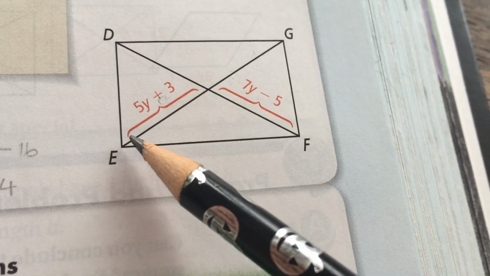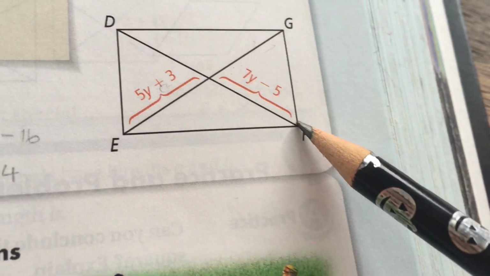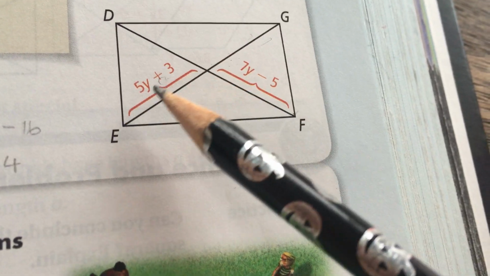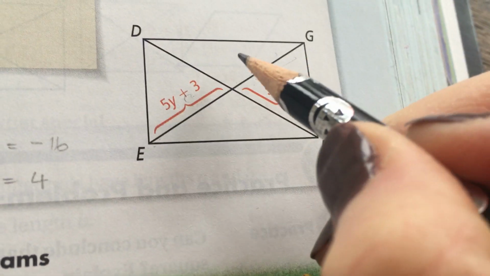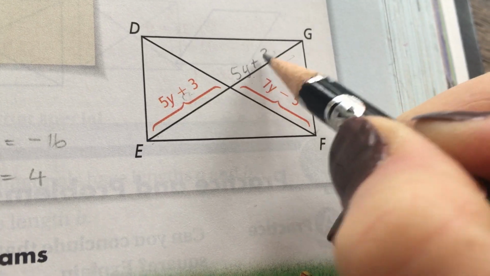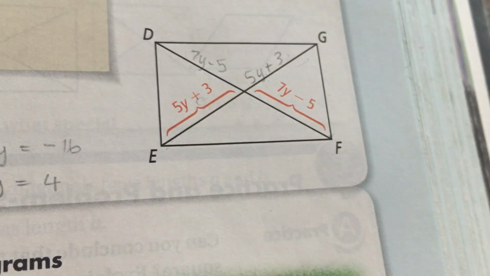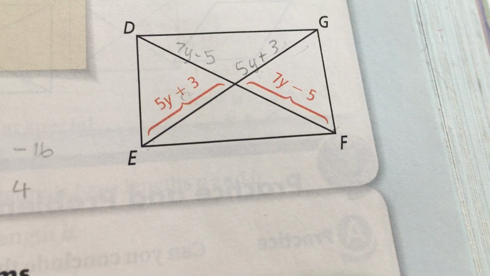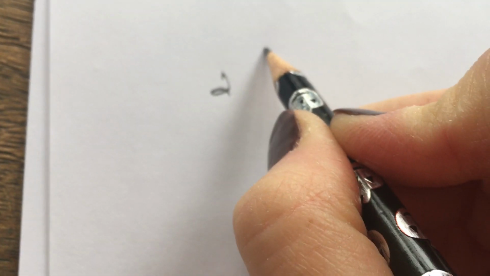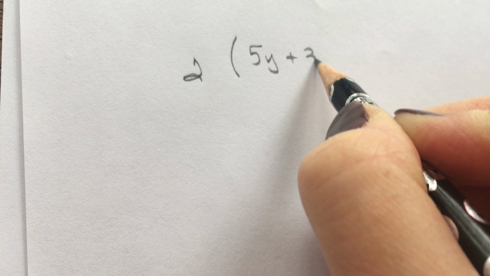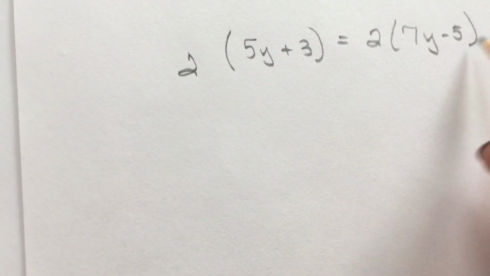Well, remember a rectangle is a parallelogram, so these things bisect each other. So if this measures 5y plus 3, this is also 5y plus 3. If this is 7y minus 5, so is this. So you could set it up where you say 2 times (5y plus 3) equals 2 times (7y minus 5).